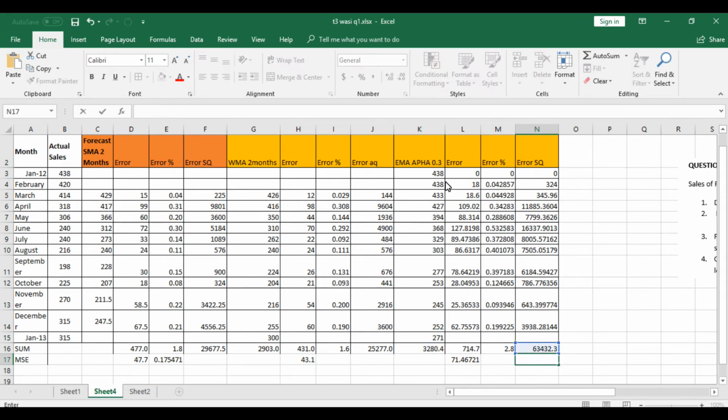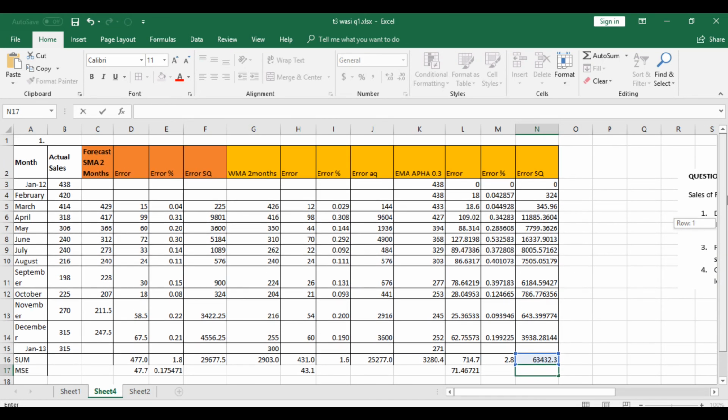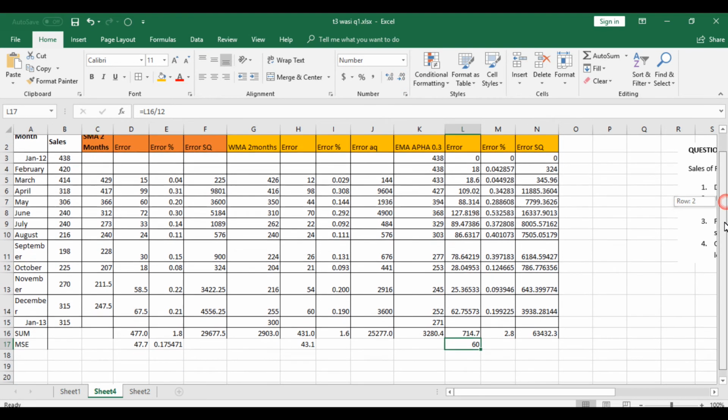For the weighted moving average we have n of 10, so we don't need to change n, but here we need to change n because it is 12, not 10. Just make it to a few decimal places.